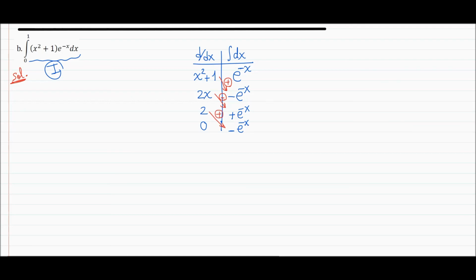So the integral will be directly I equals negative of x squared plus 1 multiplied by e power negative x, negative 2x multiplied by e power negative x, and negative 2 e power negative x. And we have to substitute from 0 to 1 in order to get the final value, which will be approximately equal to 0.792, by replacing each x by 1 minus replacing each x by 0.